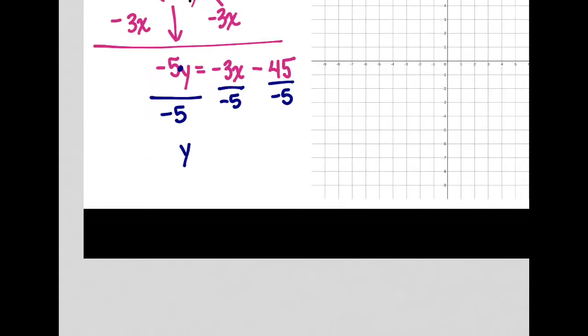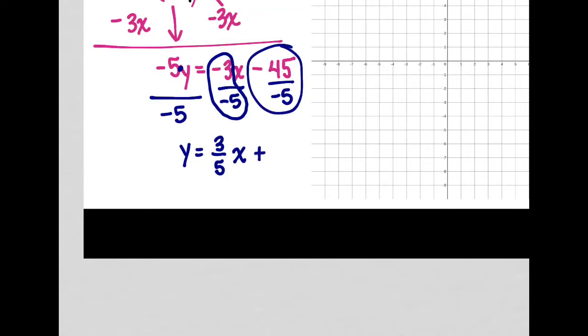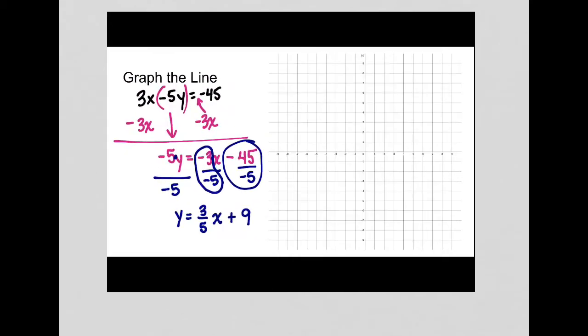So I get y equals, I'm going to put these numbers together now. So negative over negative is positive, so it becomes positive 3/5 x. And then this becomes positive, plus 9. So plot the y-intercept first, which is the one that's by itself, so 9. And then 3/5. Well, 3/5 means I go up 3, right 5.